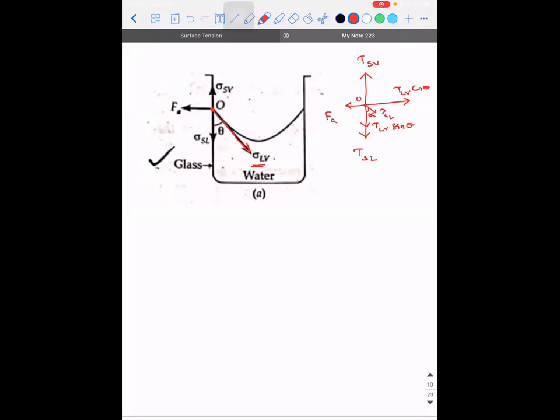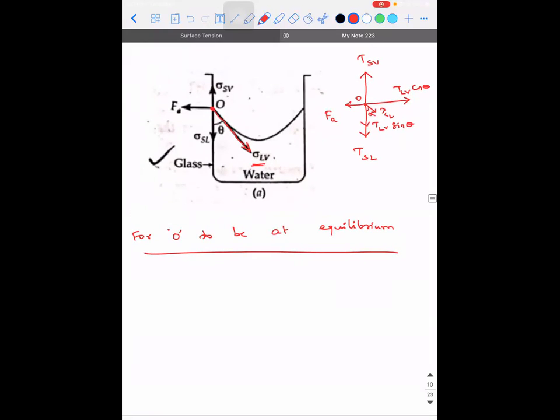So this is the particle O. For O to be at equilibrium, what are all the forces that are supposed to be balanced? TSV, that is this force, should be balanced by what all forces? Should be equal to TLV sin theta plus TSL.